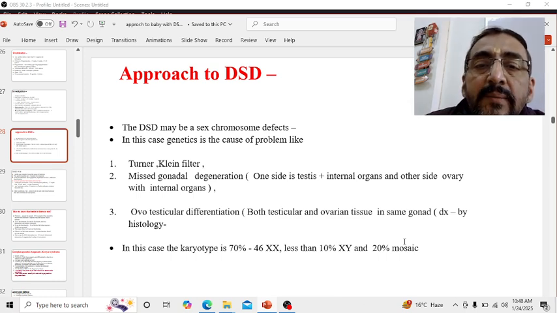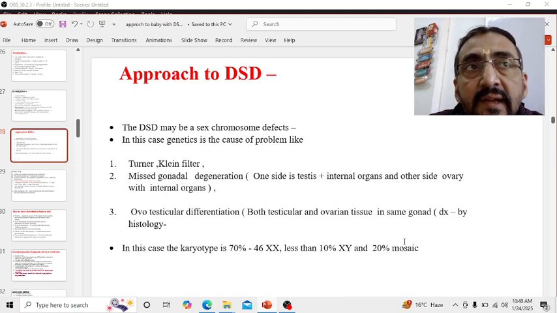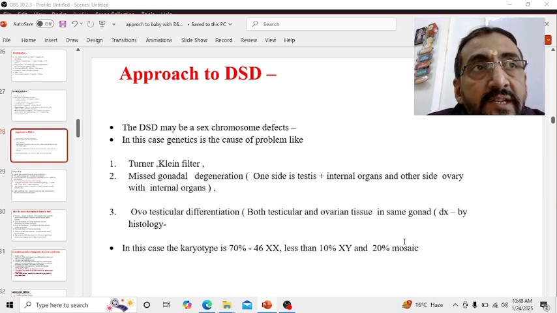Now the DSD may be a sex chromosome defect, isn't it? So DSD may be because of a sex chromosome defect, it may be because of a gonadal defect, or it may be because of a hormonal defect, as we have seen already. Sex chromosome is the one which determines the sex actually.